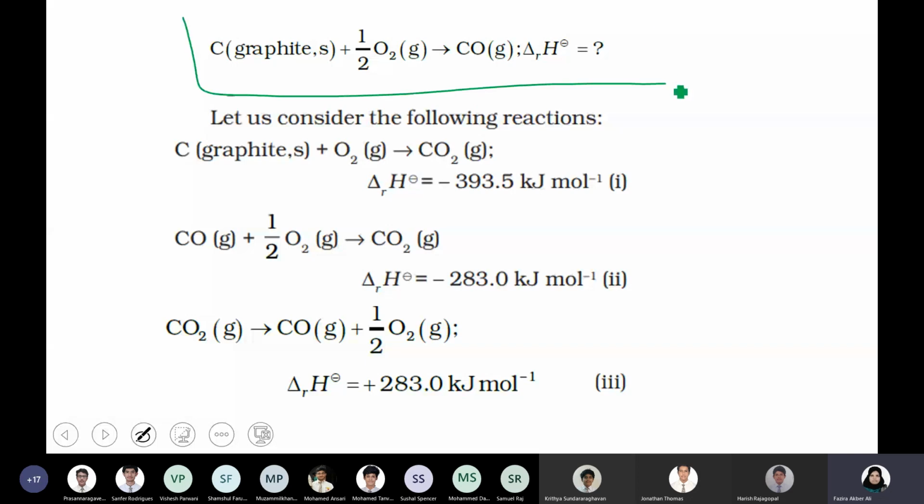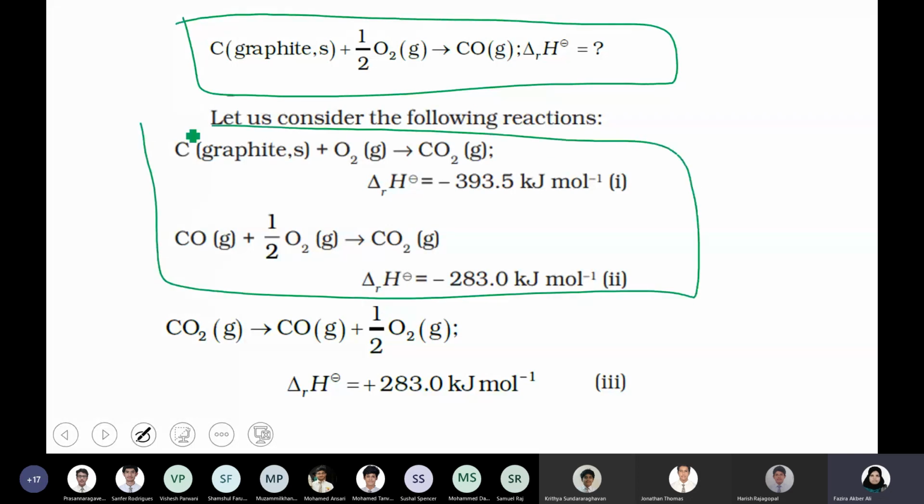So this was the question, and these two values, 1 and 2, were given. Then you flip equation number 2, because the position of carbon monoxide in the given equation was on the opposite side of that in the question.